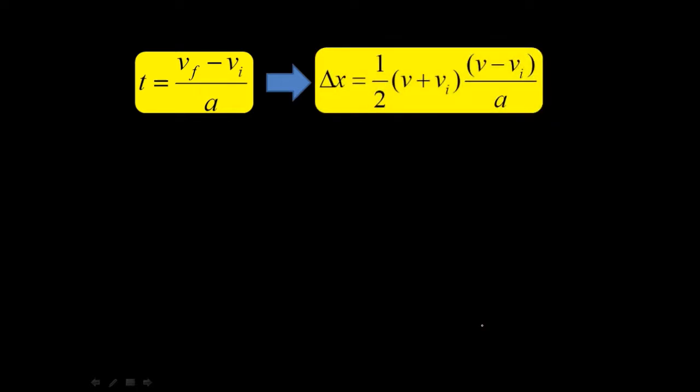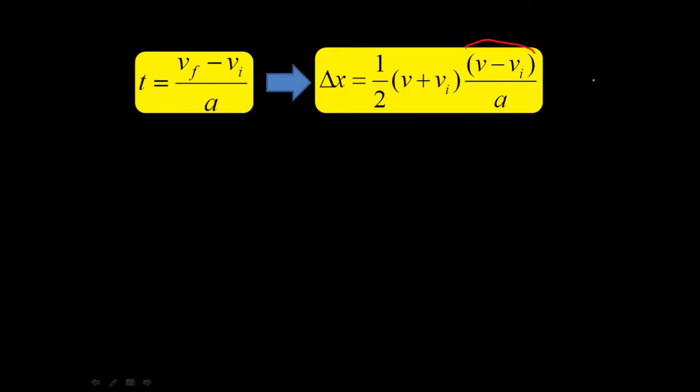Finally, if we take the acceleration formula, final velocity minus initial velocity over time, and solve it for time, we get this. And if we use that in our previous expression, we can replace time with this expression right here.